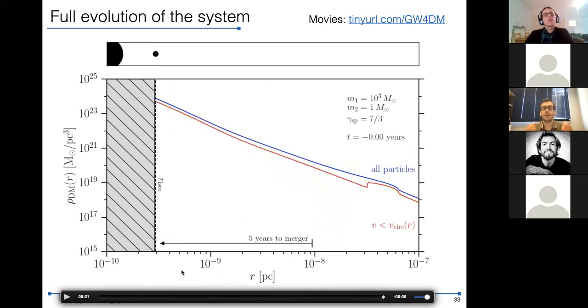Okay, so you have this compact object which is injecting energy into the system, depleting the particles nearby, and therefore it experiences a smaller density and so a smaller dynamical friction effect as it inspirals.